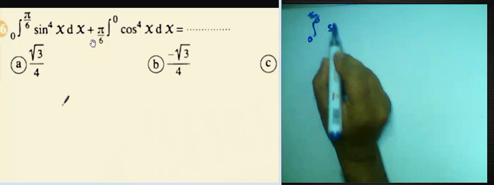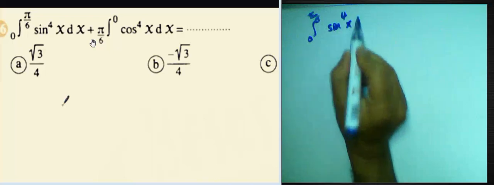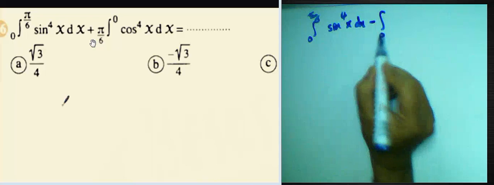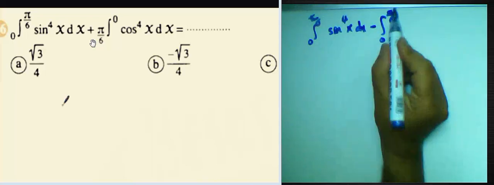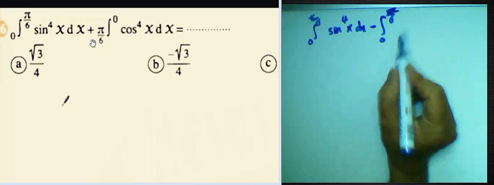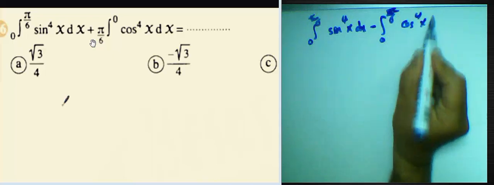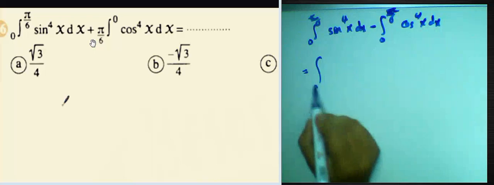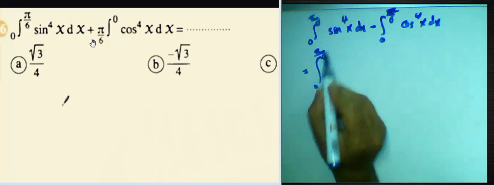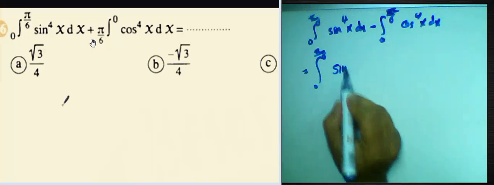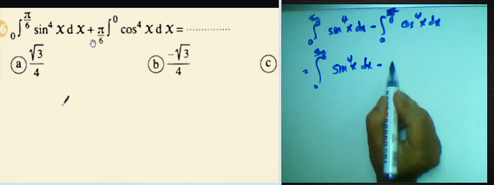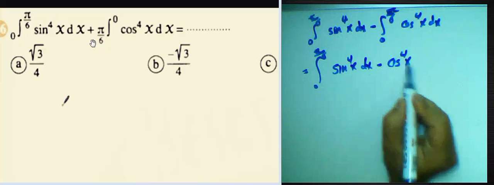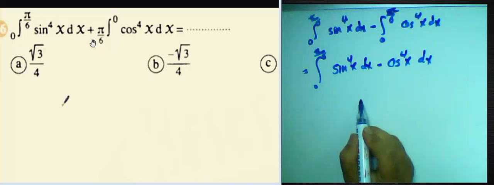I will write 0 to pi over 6 of this function sine power 4 x dx subtract the integration from 0 to pi over 6 of cosine power 4x dx, and then we can write 0 to pi over 6 sine power 4x dx subtract cosine power 4x dx.